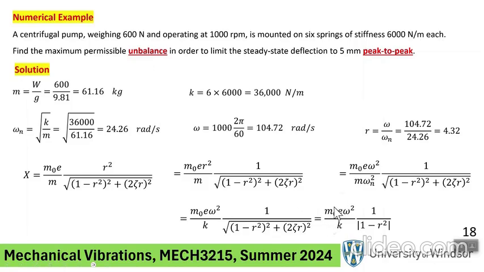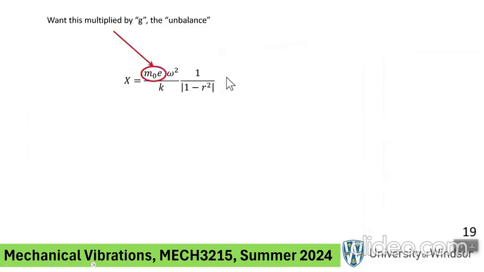And of course, unbalance is M naught times E times G. We have the operating speed there. This omega is right here. The K is 6 times that. And you just plug it in and we find out what the value of M naught E is. Later on, we're going to multiply it by G. The peak to peak, we're told, is 5 millimeter, right?